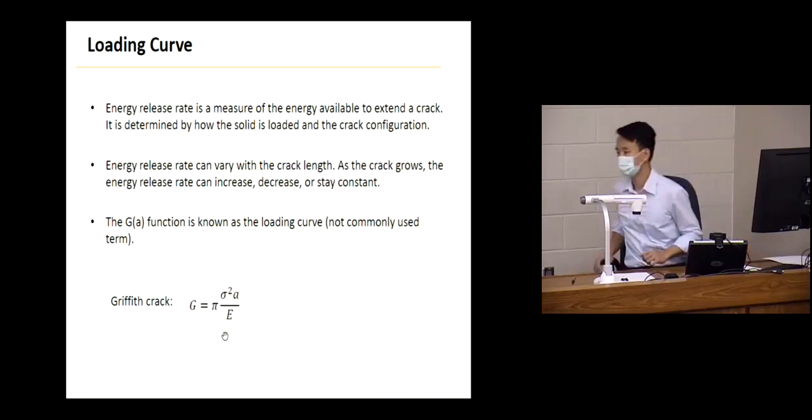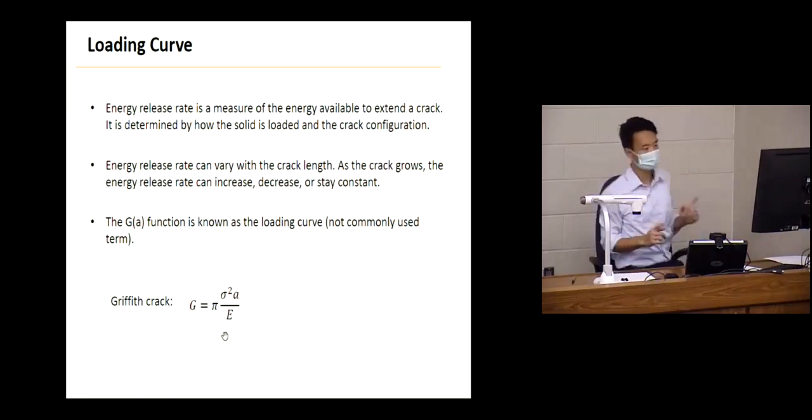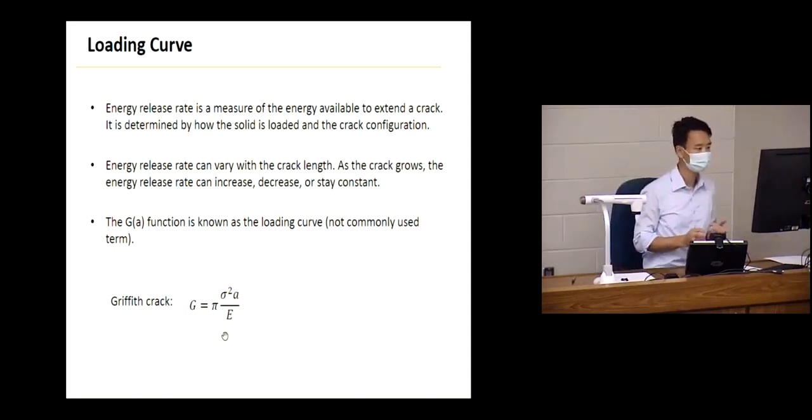So the energy release rate, the G function, the loading curve increases, giving me a worse situation. But that's not the end of it. Just increasing G does not mean that the crack has to be unstable. It's not the only factor that determines stability.